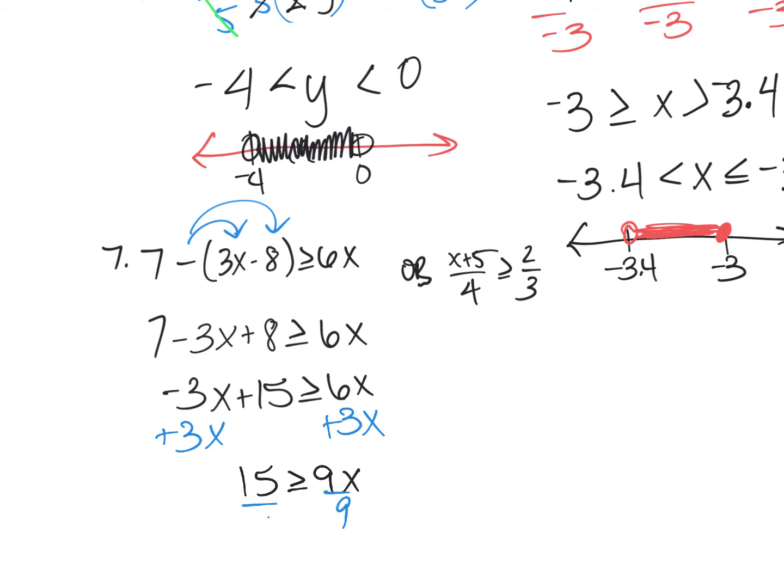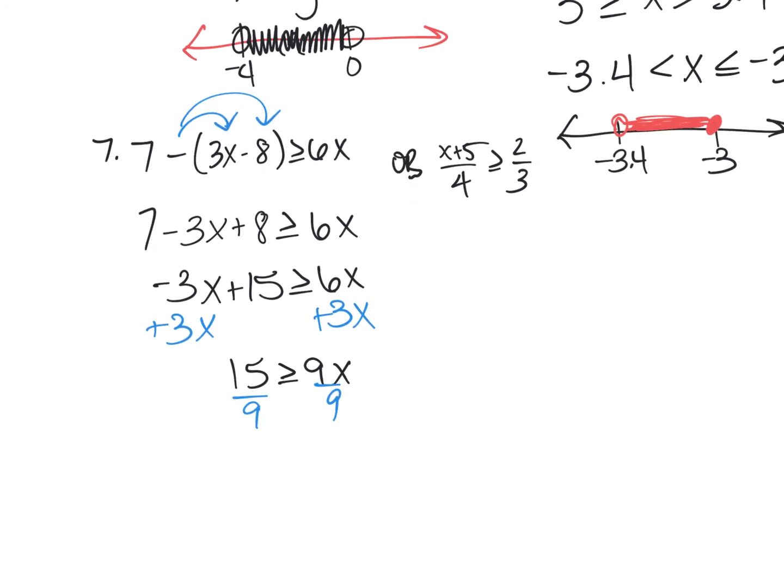Divide by 9. And I need to write it as a fraction. I'm going to write the x first. It's less than or equal to. So when I write the x first, I have to flip the inequality. It should always be opening to the same thing. So here, it's opening up. The opening is to the 15, and the point is to the x. So when I write the x on the other side, my point needs to be to the x, and my opening needs to be to the number.